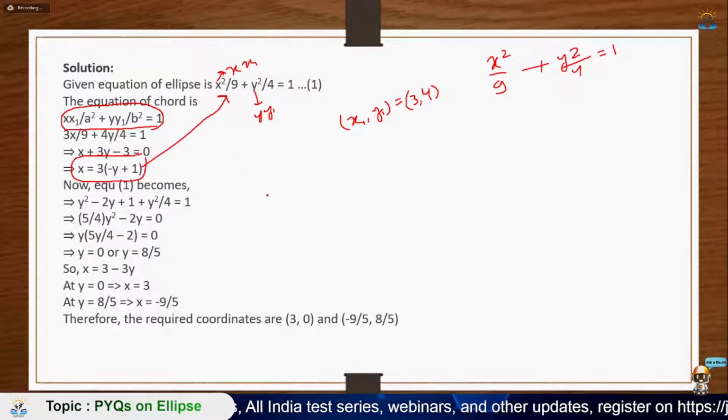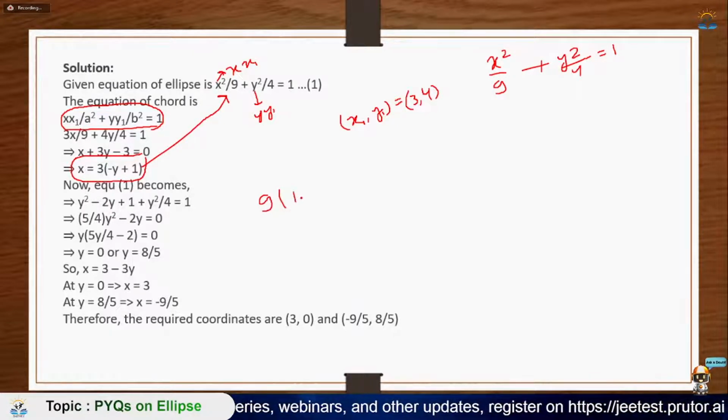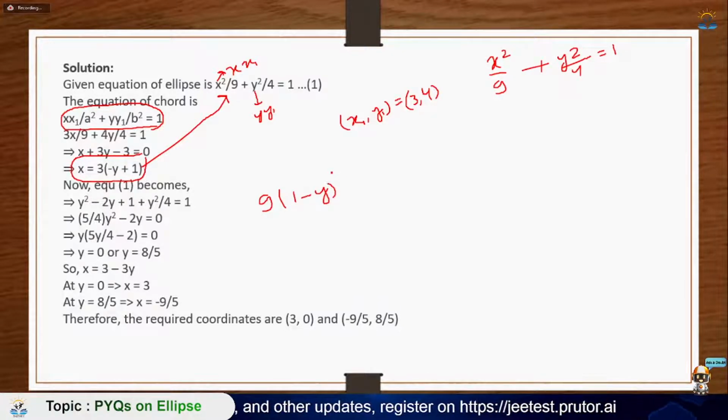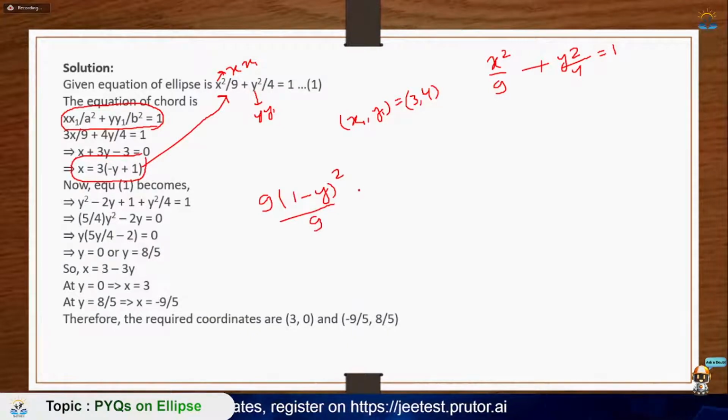You will be getting how much? 9 times (1 minus y) whole square upon 9 plus y square upon 4 is equal to 1. You will get this equation.